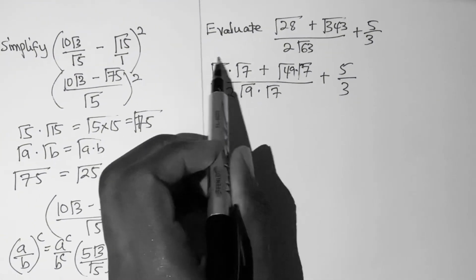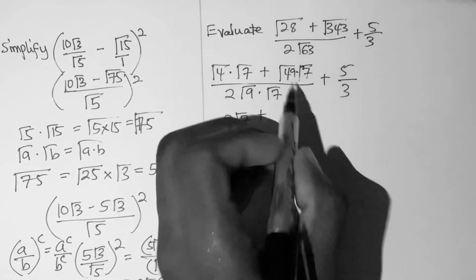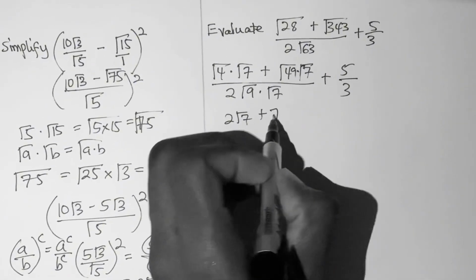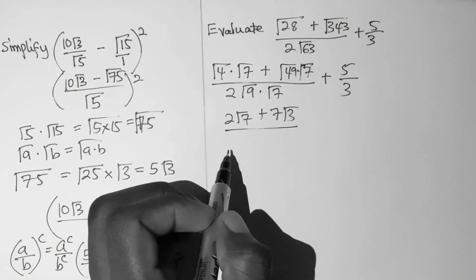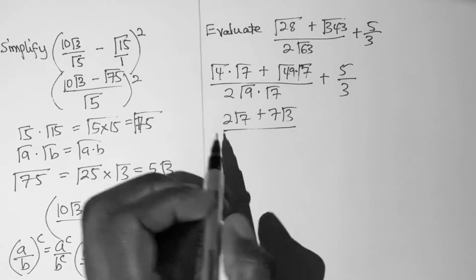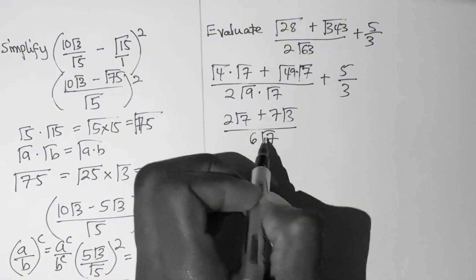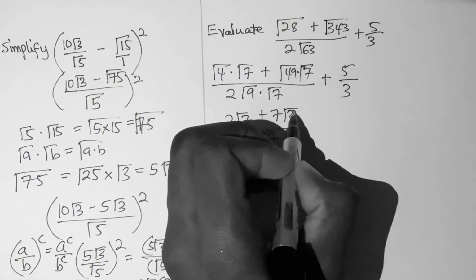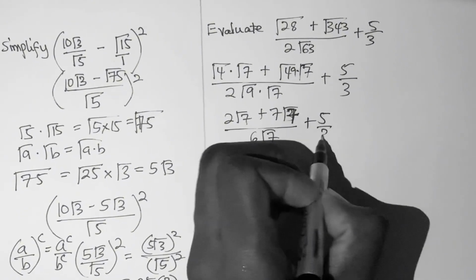So you can see that square root of 4 is 2, so here is 2 root 7, plus square root of 49 is 7, so 7 root 7, divided by square root of 9 is 3. 3 times 2 is 6, so divided by 6 root 7. Then plus 5 over 3.